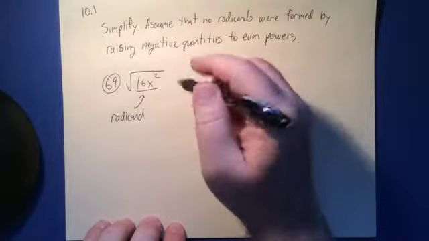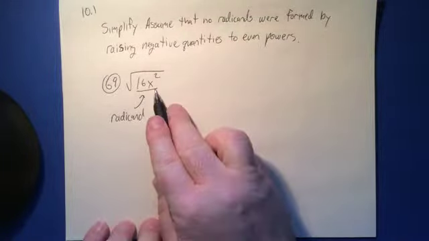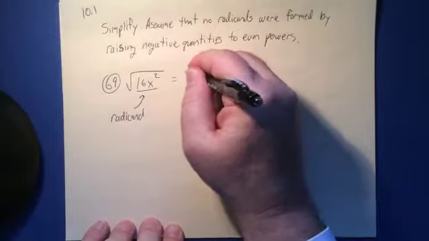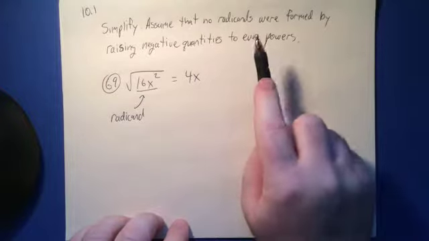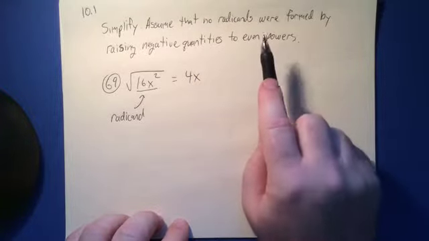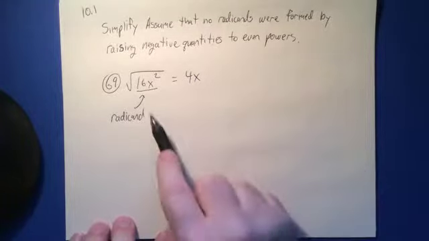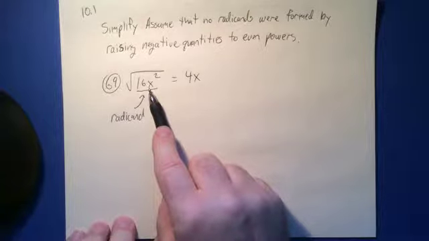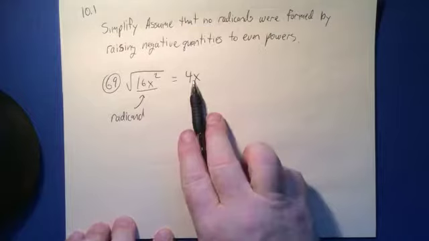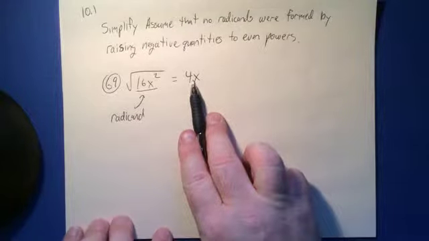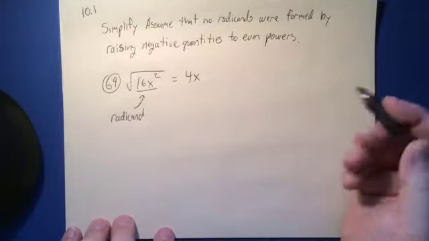So where I would normally write this as the absolute value of 4x, I can go ahead and write this now as 4x. No absolute value symbol. So know these directions well. Because we know that there's going to be no negative quantities being raised, we don't have to worry about including an absolute value symbol in our answer anymore. That removes it from the equation.